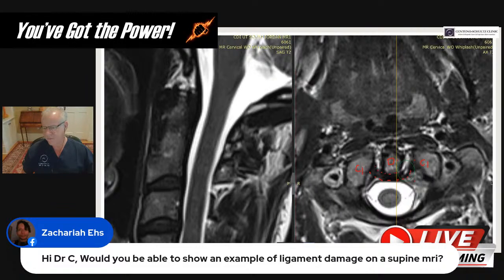But then we get over to the right part of the screen here, and we see this white glob in the middle of it where it attaches to a little process that comes off of the lateral wall of C1. So that's a transverse ligament injury all day long.